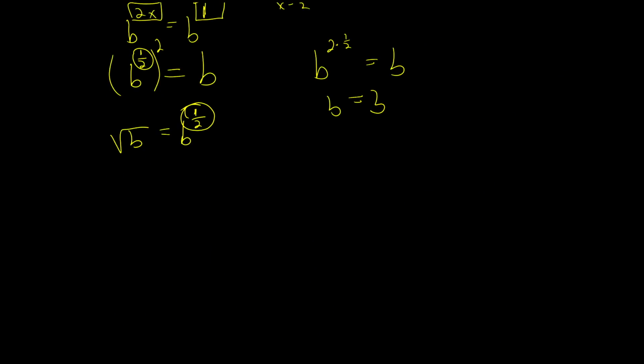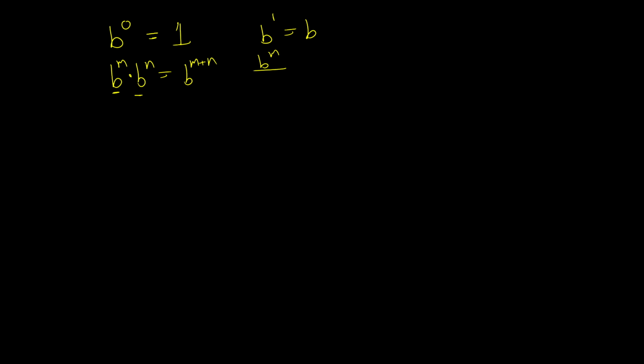Well, what are the rules of exponents? Let's put them together. So any base to the 0th power is 1. Any base to the 1st power is itself. If I multiply exponents with the same base, I add exponents.